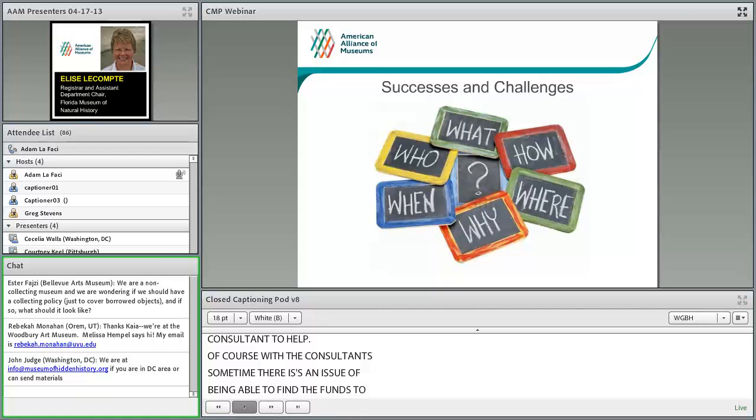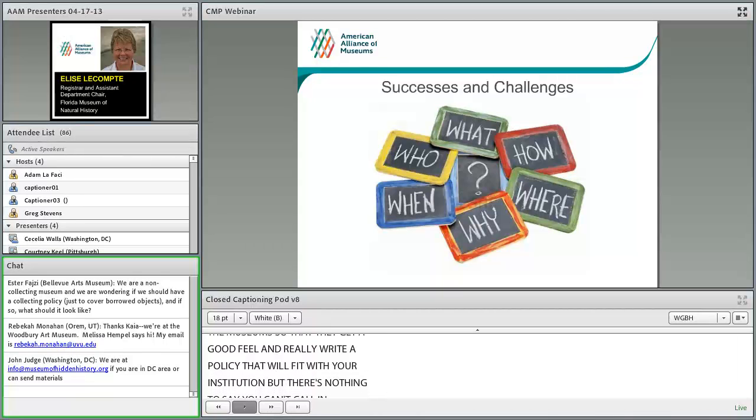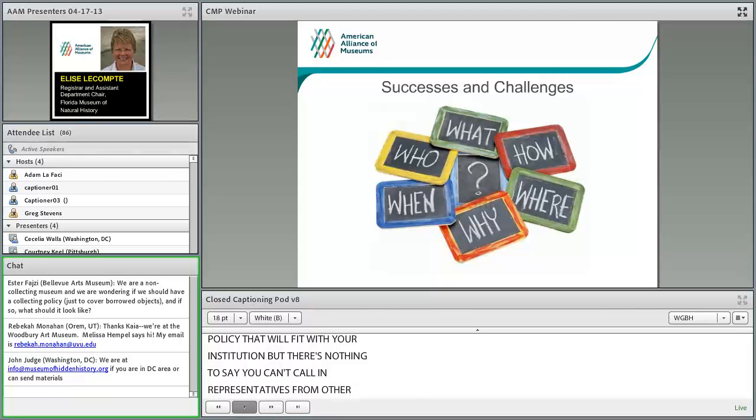But if you do bring in a consultant, you need to make sure that that person really does understand how the museum operates, what the collections are like, how the collections interact with the other areas of the museum, so that they get a good feel and really write a policy that will fit with your institution. But there's nothing to say that you can't call in representatives from other museums to serve on those committees for the short run. That's a really great idea.